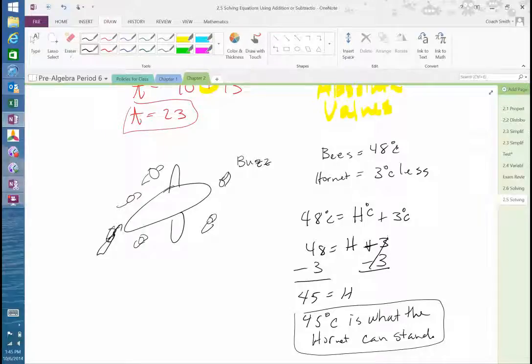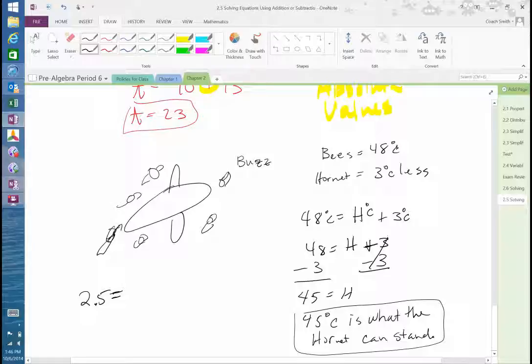All right? Now, your homework. Section 2.5, remember, it is 2.5, not 2.6.